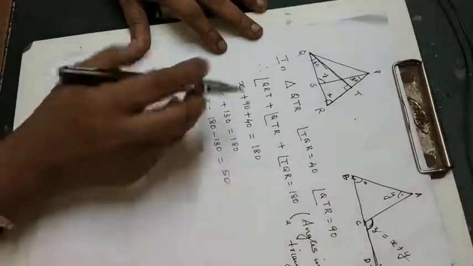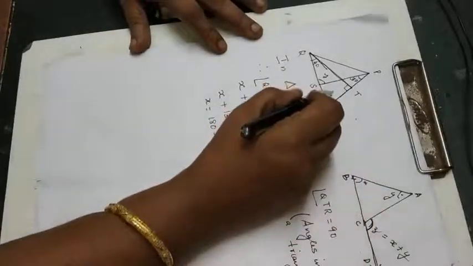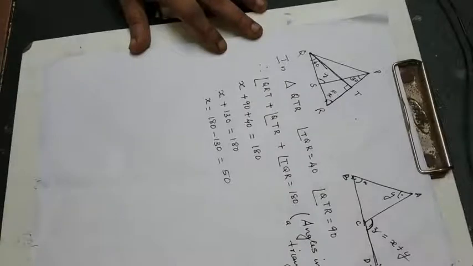Okay, so you got X is equal to 50. So now look at this one, X is equal to 50 you got.